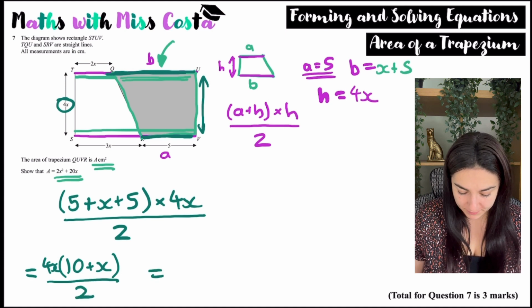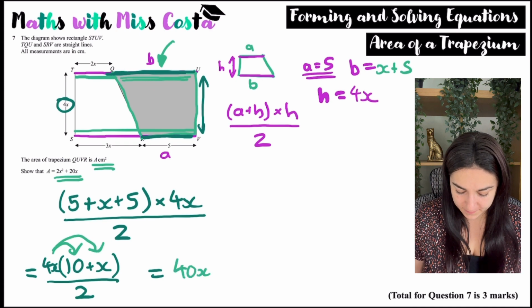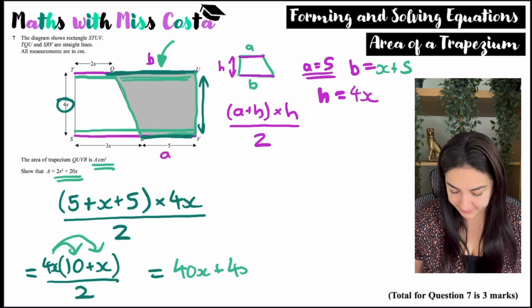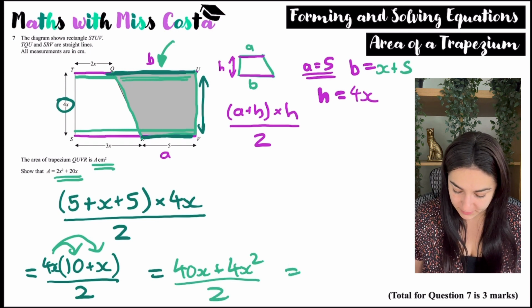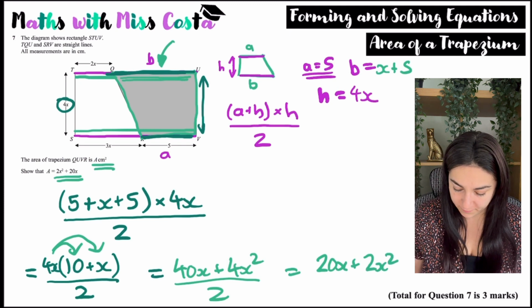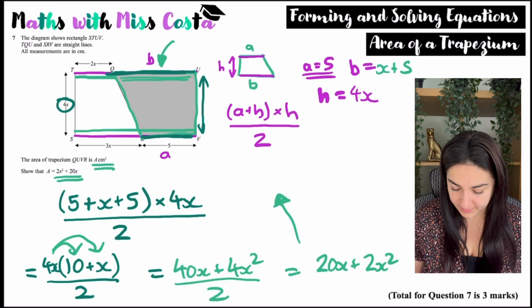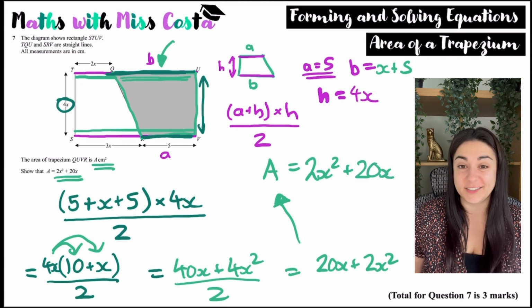If I expand my brackets out, that would become 40x plus 4x squared, all divided by 2. What's 40 divided by 2? That's 20x, and 4x squared divided by 2 would be 2x squared. Therefore, the area of the trapezium must be 2x squared plus 20x. All I've done is change them over.